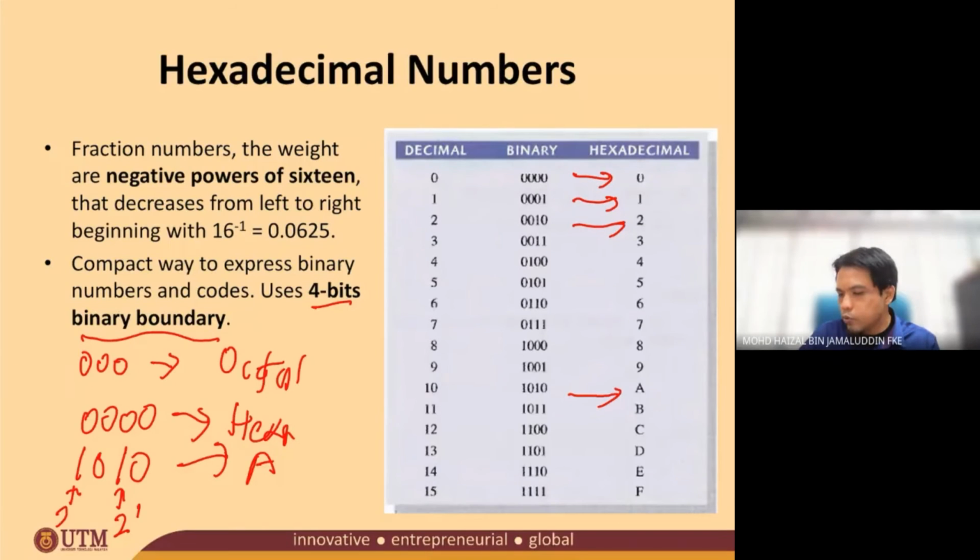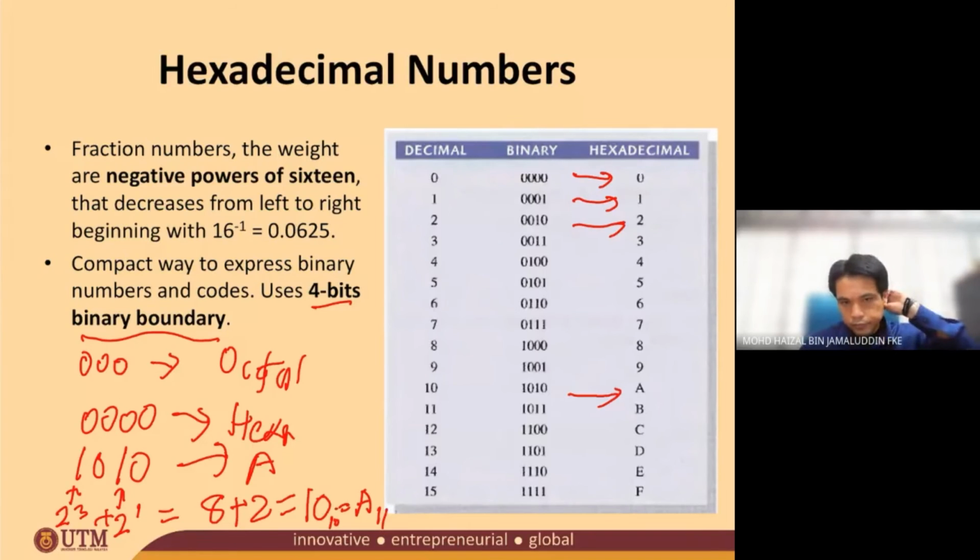So this is 2 to the power of 3. So you add up, 2 to the power of 3 is 8, and 2 to the power of 1 is 2. So it's representing 10 in decimal, but in hexa, it's representing A. So I take another example here.